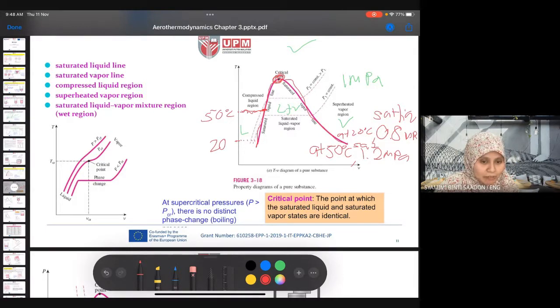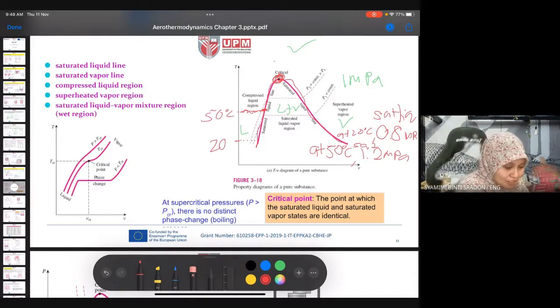At supercritical pressure, P higher than P critical, there is no distinct phase change or boiling. Supercritical means that the pressure is higher than this point. For example, critical pressure for water, I don't remember it, so I just put maybe 10 megapascal, just as an example.